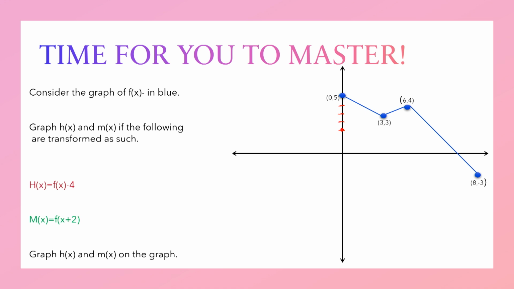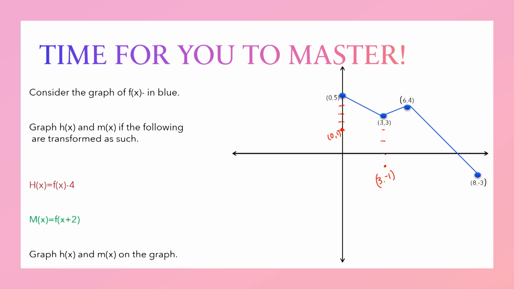This next one, I'm at 3, 3, so I'm going to go down 4 units, which would be 2, 1, 0, negative 1. So I have 3, negative 1.